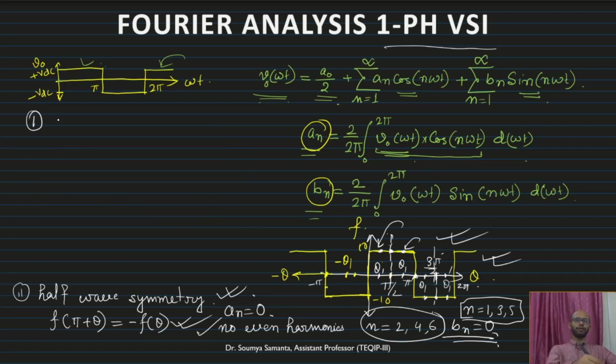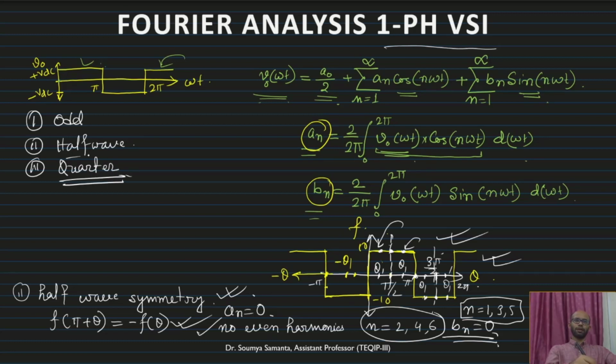Number 1, odd symmetry. Number 2, half wave symmetry. Number 3, quarter wave symmetry. These all three.